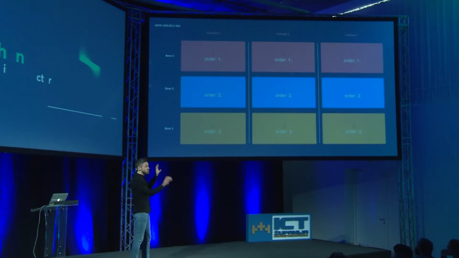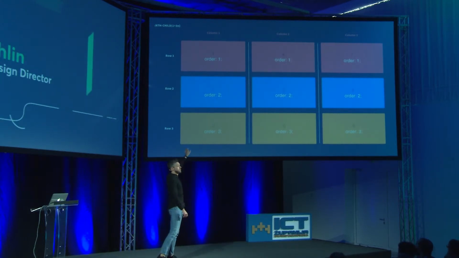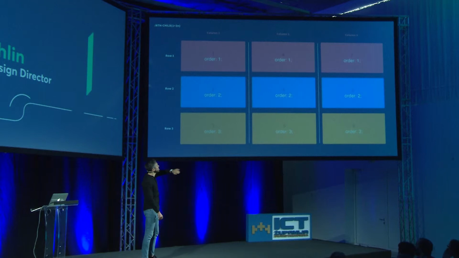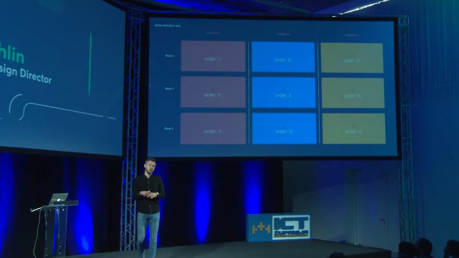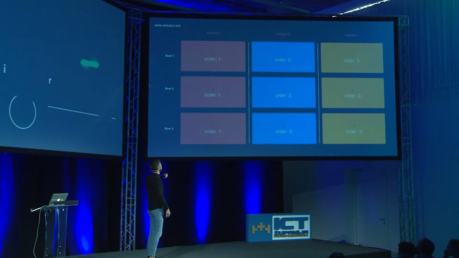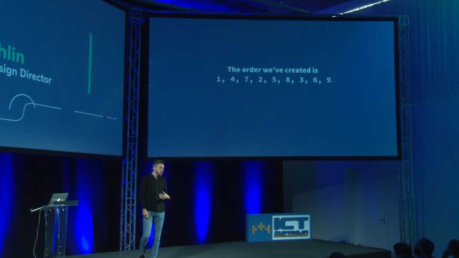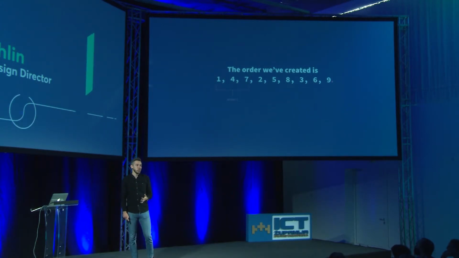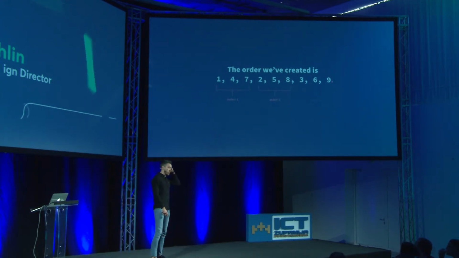We can see now this is before the reordering actually happens. Order 1 is the first row, order 2 is the second row, order 3 is the third row, and this is what happens after the fact, right? We just order everything as rows. So we got 1, 4, 7, 2, 5, 8, 3, 6, 9. We created the order that we're after. This scales really well with an infinite amount of items. We've got order 1, order 2, and order 3.